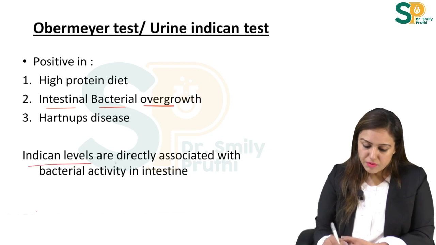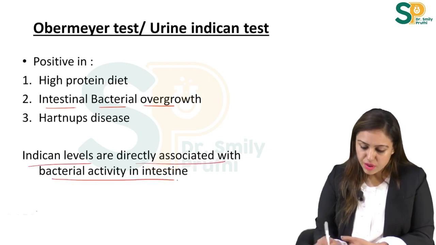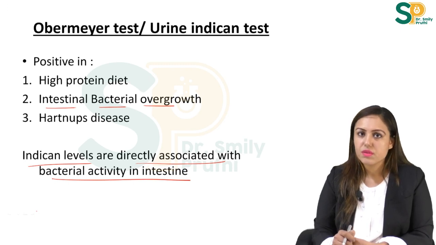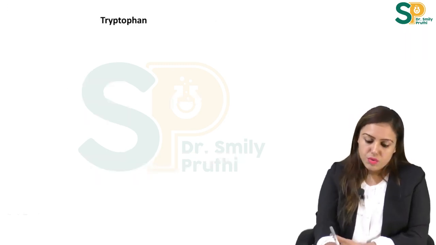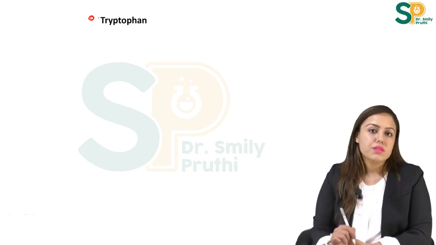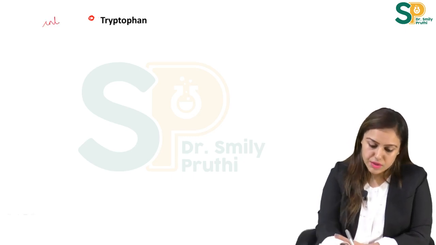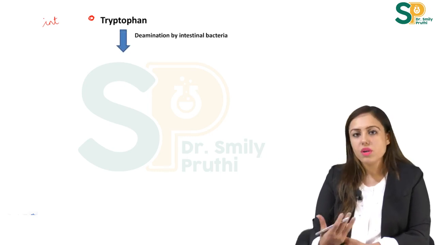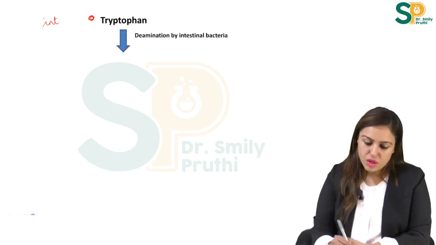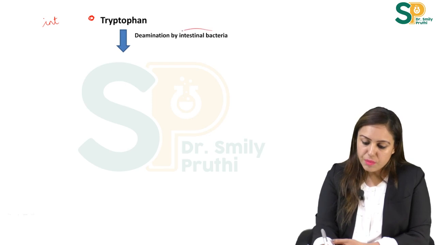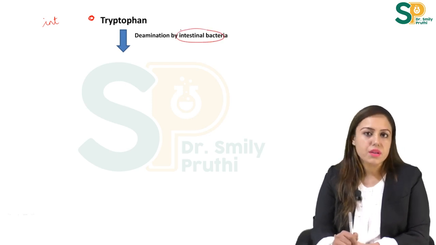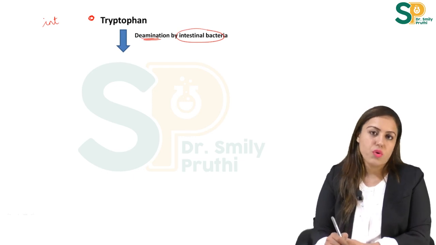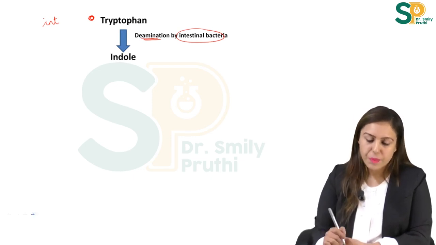Now, indican levels are directly associated with bacterial activity in the intestine. So, let us see how. You know, tryptophan is there in the intestine from diet. When it is not absorbed or if it is high in amount, then it is taken by intestinal bacteria, and they will do deamination of this tryptophan.